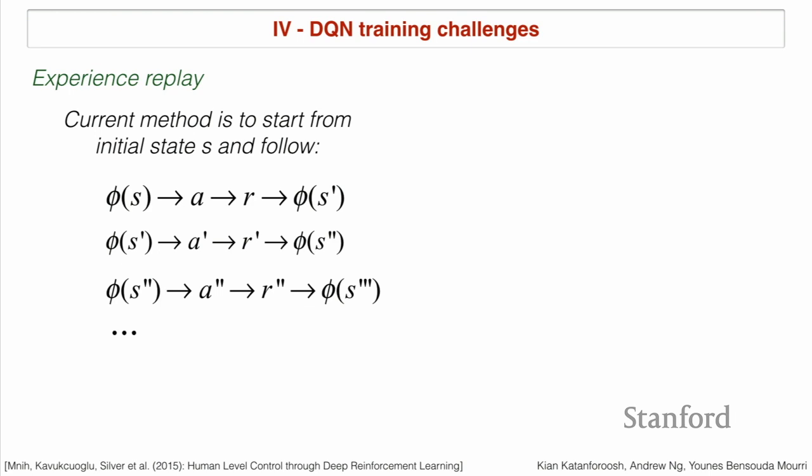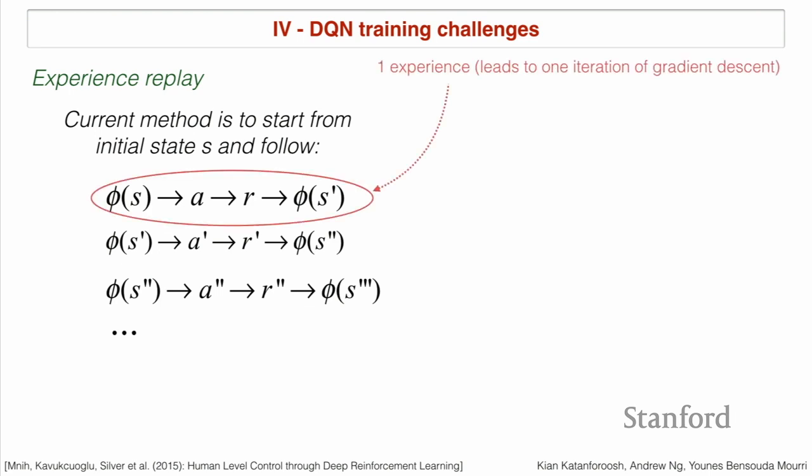Each of these is called a state transition and can be used to train. This is one experience, leads to one iteration of gradient descent. E1, E2, E3: experience 1, experience 2, experience 3. And the training will be train on experience 1, then train on experience 2, then train on experience 3.